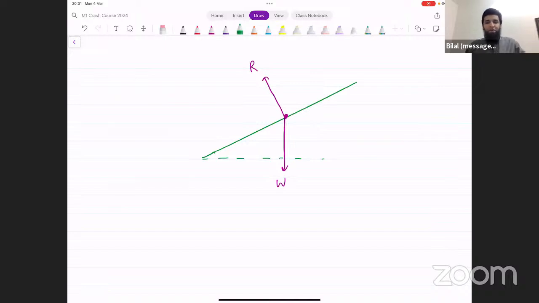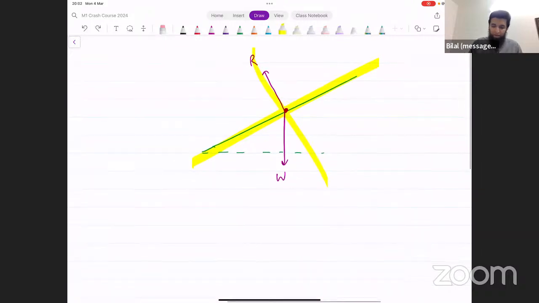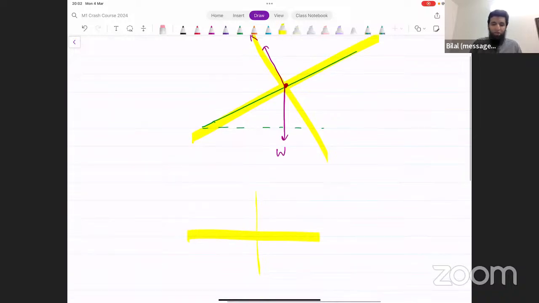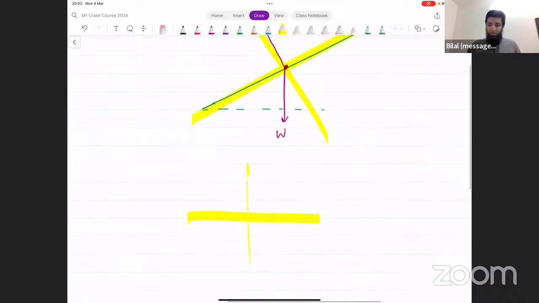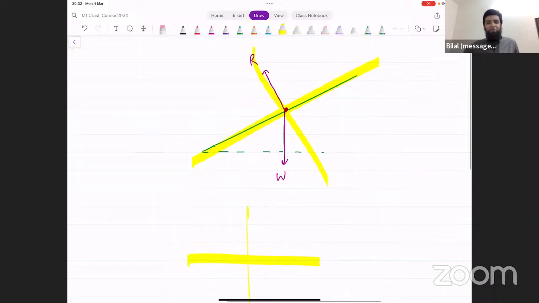On an inclined surface, we used to resolve forces parallel to the surface and perpendicular to the surface. We did not used to resolve them horizontally and vertically in that case. So one possibility was that we resolve the forces horizontally and vertically. And for inclined surfaces, we said we would be resolving forces parallel to the surface and perpendicular to the surface.